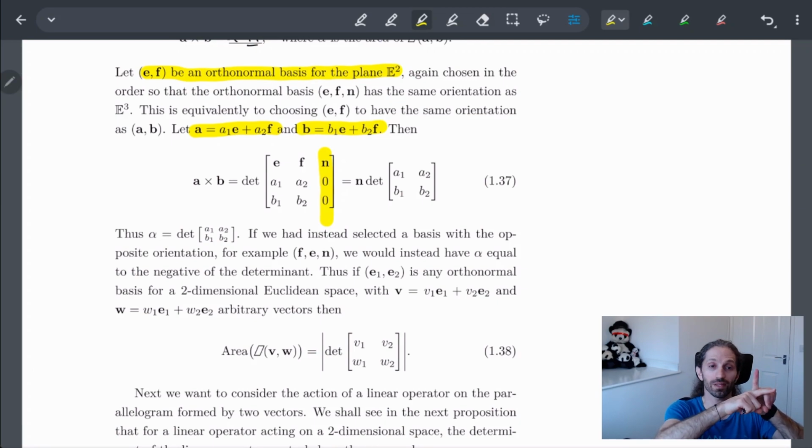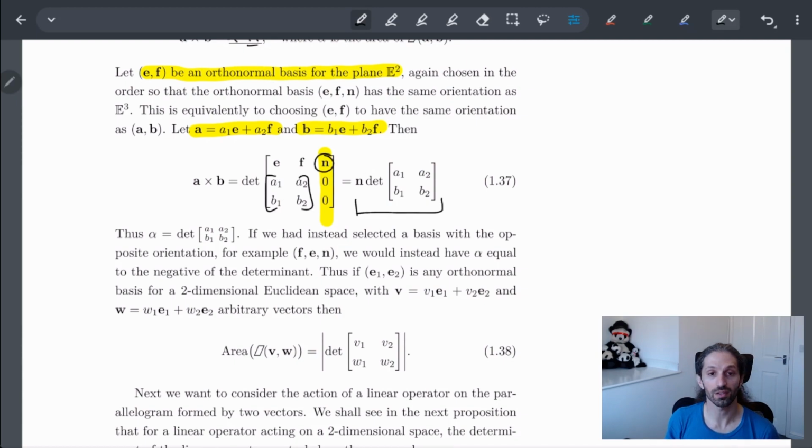So in other words, the nth component is always 0. So we can just look at n and the submatrix here, and that gives us the cross product for A times B when it's living in 2 dimensions.